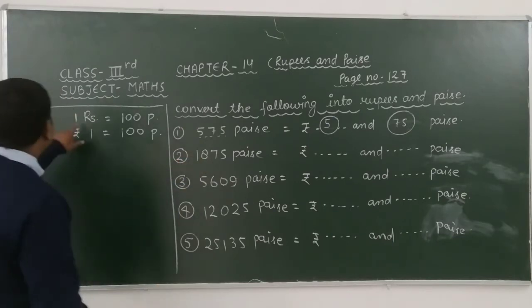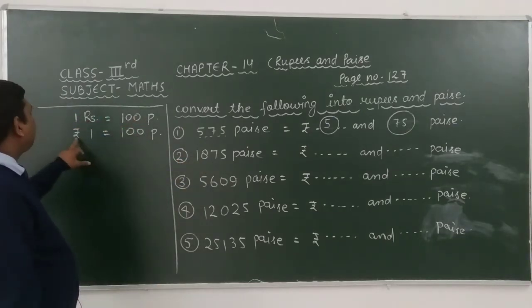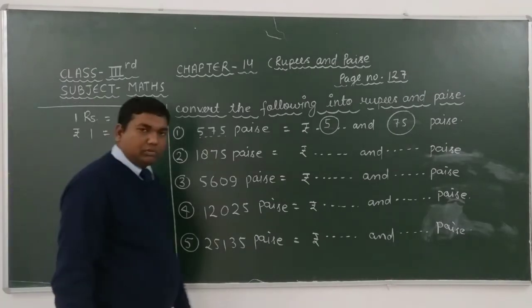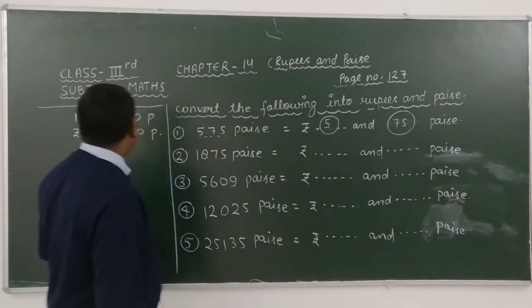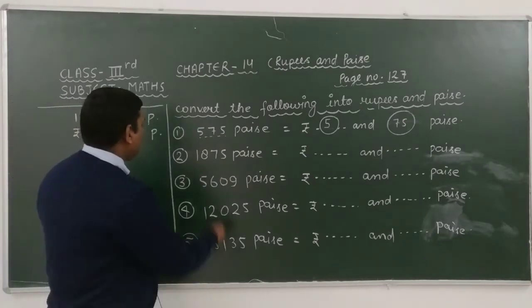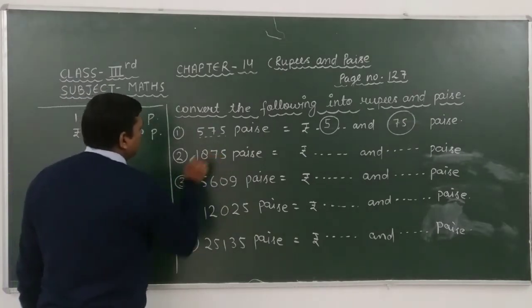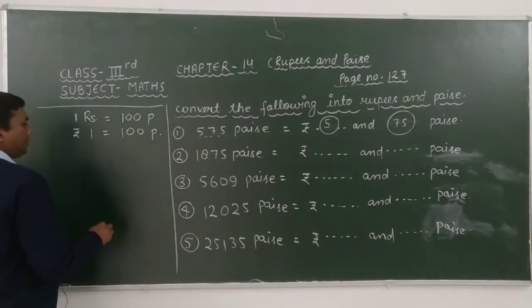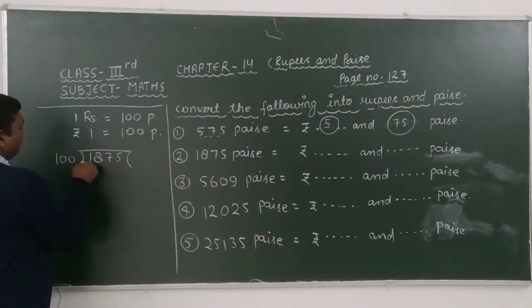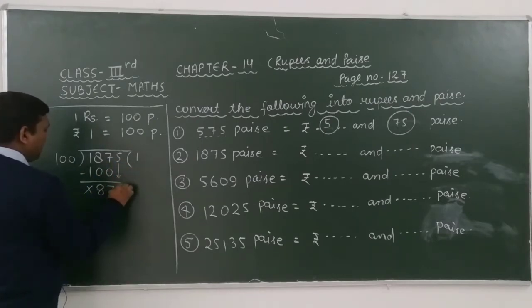Look at here carefully. In this question, we know that rupees 1 is equal to 100 paise, and here it is given 1875 paise. Therefore, we have to take the division of 1875 by 100. 100 ones are 100. After subtracting this, we get 7 minus 0 is 7, 8 minus 0 is 8, and 1 minus 1 is 0. It cancels out, and here we take 5 as same.